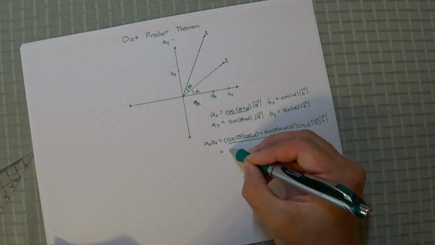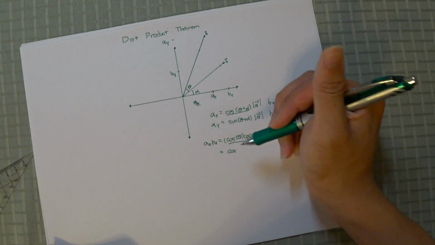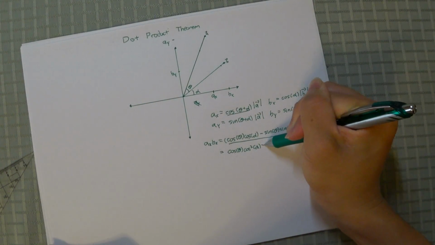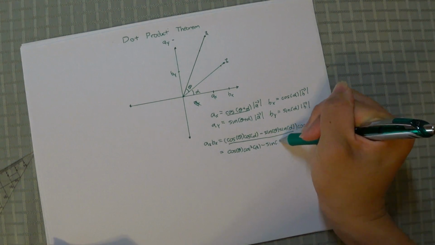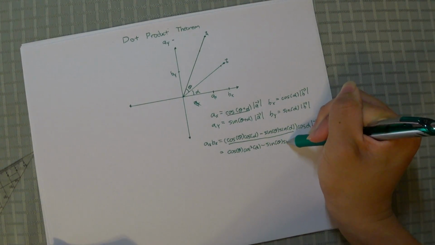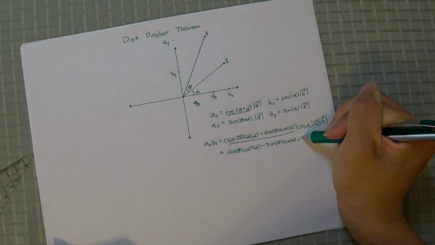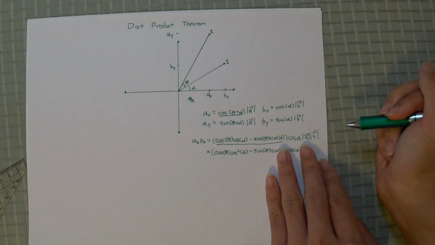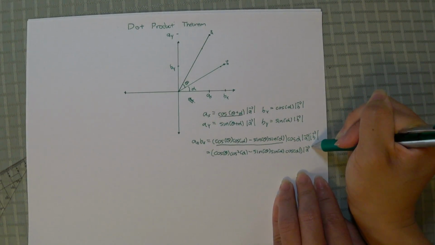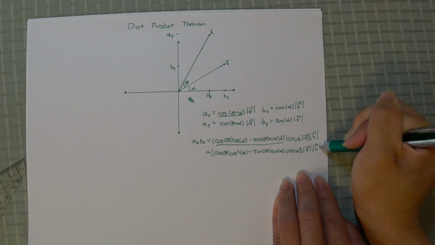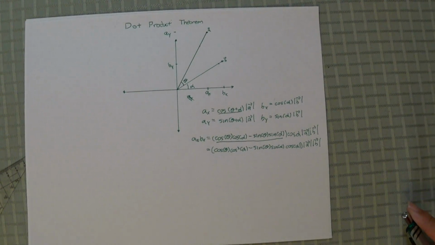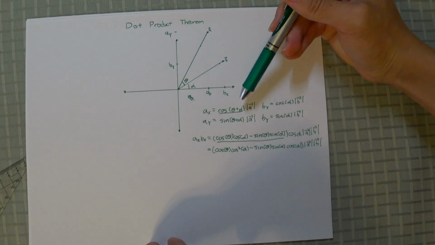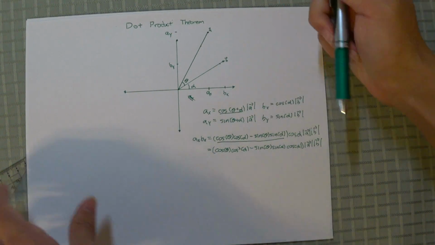So you got cosine theta times cosine squared alpha minus sine theta sine alpha cosine alpha, and this is all multiplied by the magnitude of vector A times the magnitude of vector B. Right? That's all good. Nothing too complicated there. You just probably need to know how to expand this.